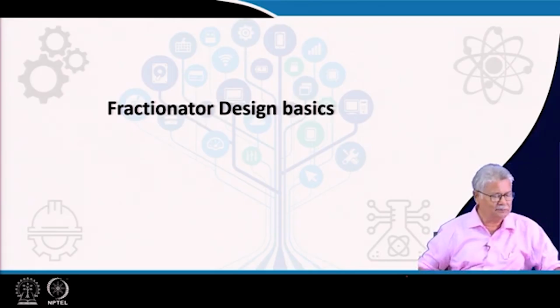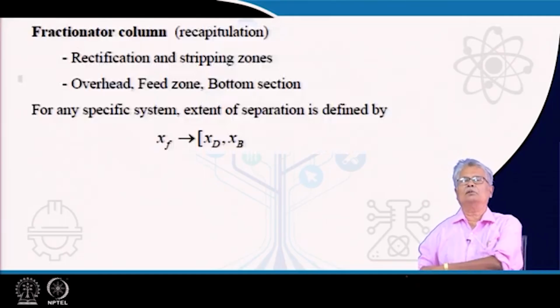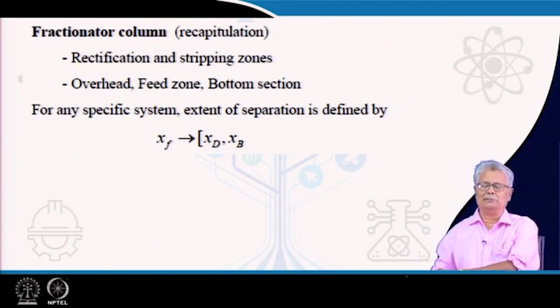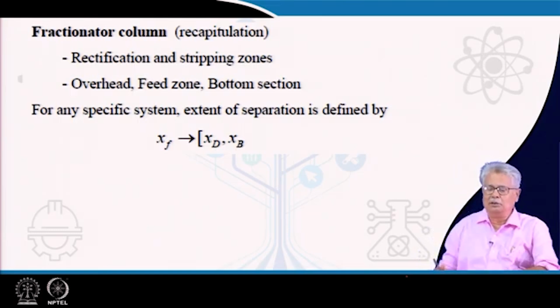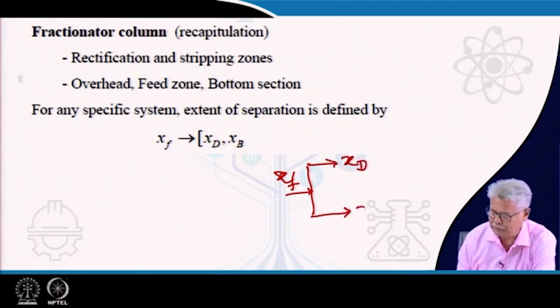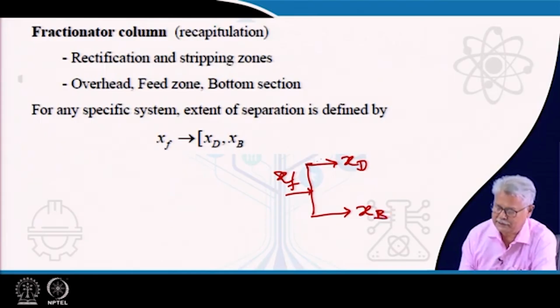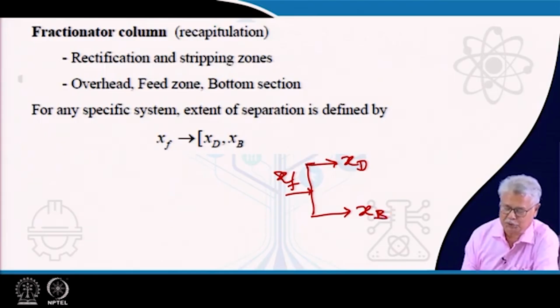To start with, we look at the fractionating column, we go for a little bit of recapitulation. So, we know here that naturally, if my feed is XF composition, it will be split into a distillate having a composition of XT and a bottom of composition XB mole fractions. In fact, we are going to use the same mole fraction as has been introduced to you.